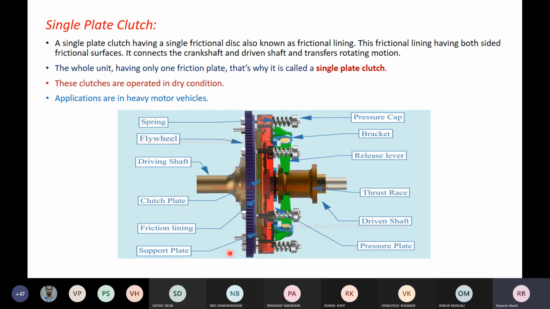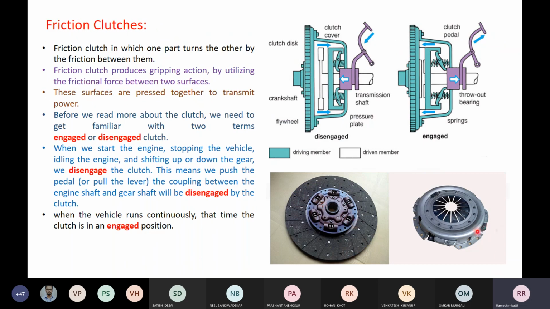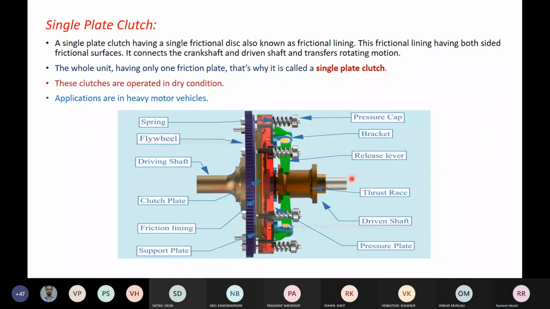To support the clutch plate, they use a support plate. In the previous slide, I showed you the pressure plate as well as the frictional lining. This is how the single plate clutch arrangement looks, and it is used in heavy motor vehicles.